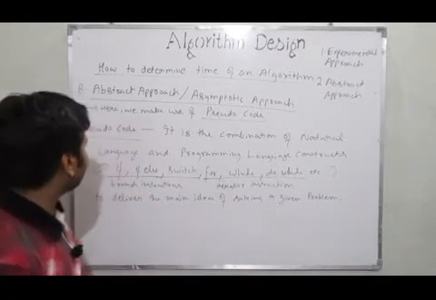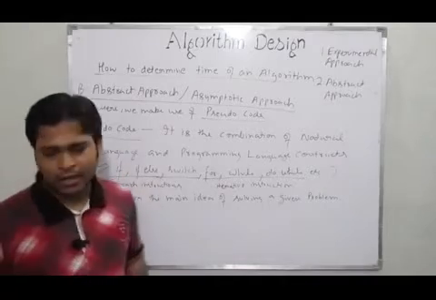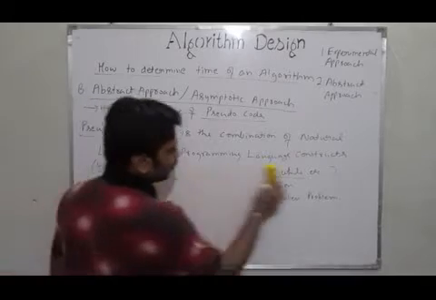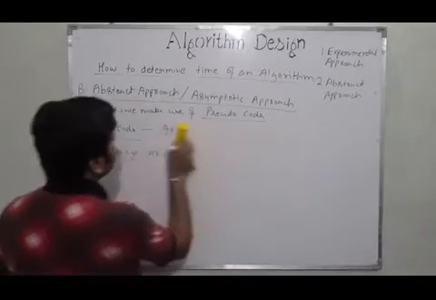And what could be the benefit of this? Let us understand how we can write a pseudocode and how we can derive the time complexity for a given algorithm through this approach.